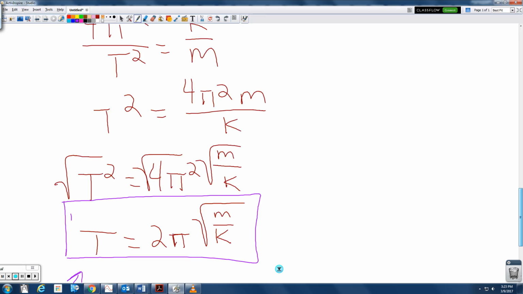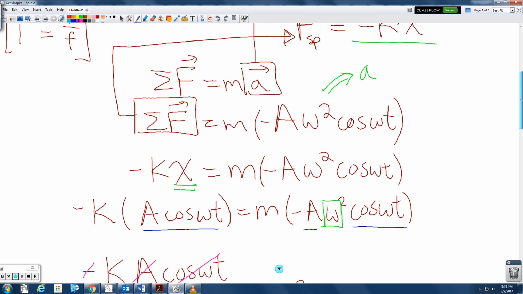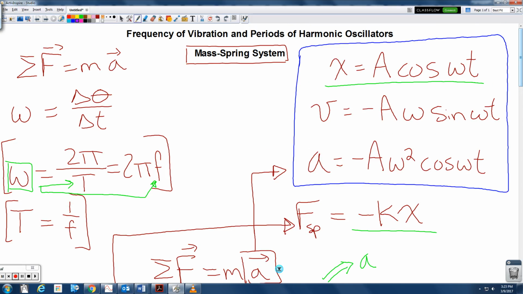We can also say what its angular frequency is. That's here with our omega. The angular frequency is the square root of k over m. This is the relationship that allows me to find big T for the period of the mass spring system. In order to get these values, we started with Newton's second law, F equals ma. We used our values for position in simple harmonic motion and acceleration that we derived from the unit circle.